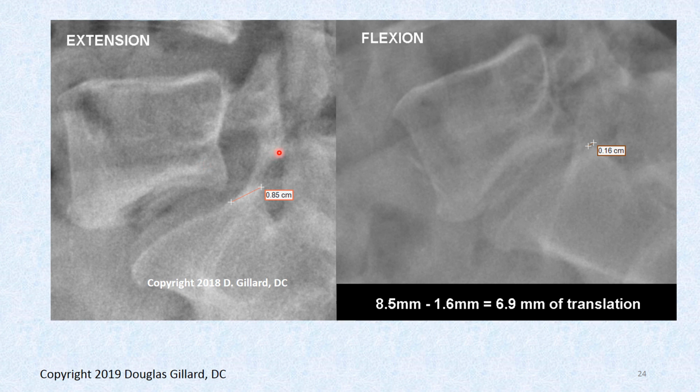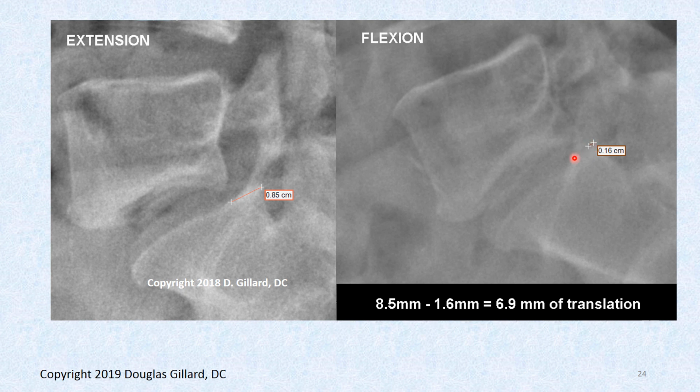But nevertheless, when she bent backwards, you can measure the back of the S1 segment to the posterior inferior corner of L5, and we can draw a line there, and we got 0.85 centimeters. When she flexed forward, instead of normally translating forward, she went backwards. So she almost went back to zero.